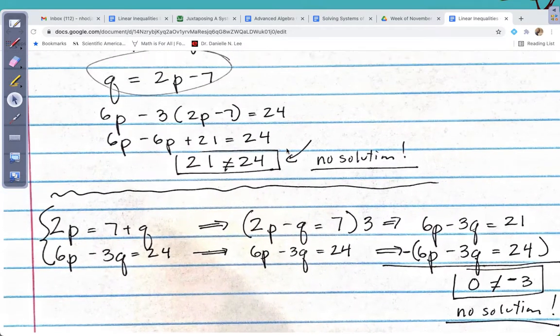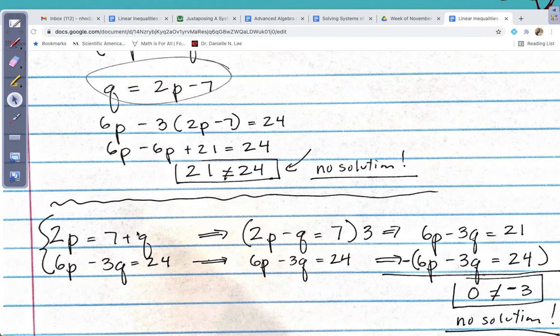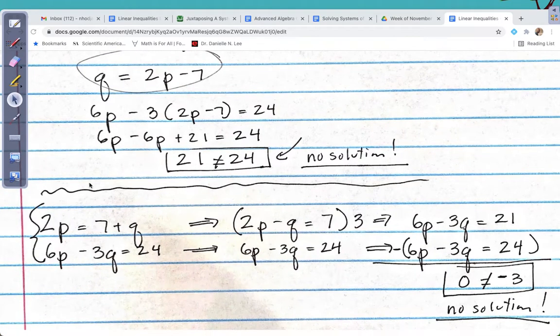Here's another flavor of what no solution looks like. Same exact system again, but this time I've decided to take a different approach. This time the approach is multiplying the first equation by 3 so that I can use some combination elimination. I'm targeting these p-values here.